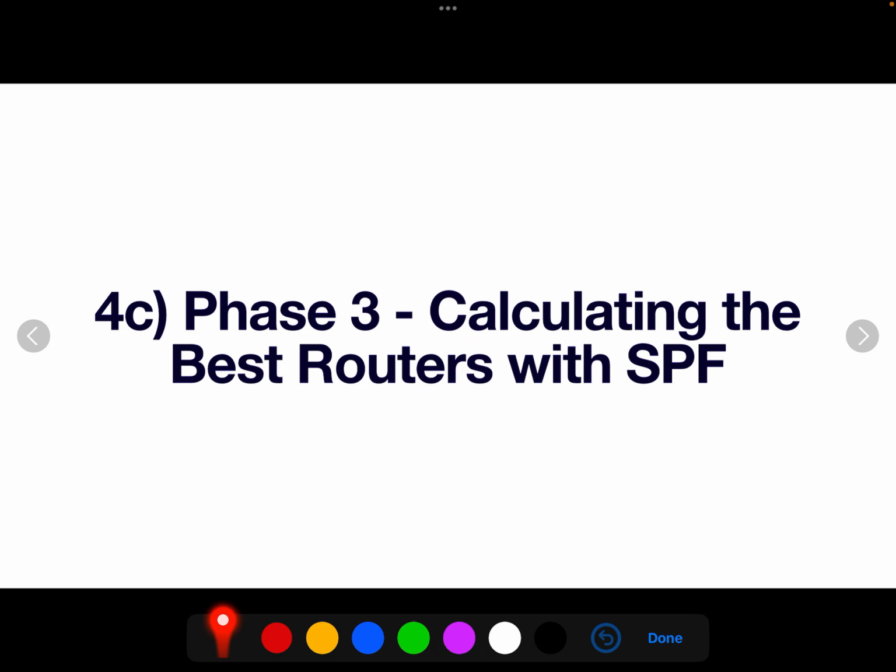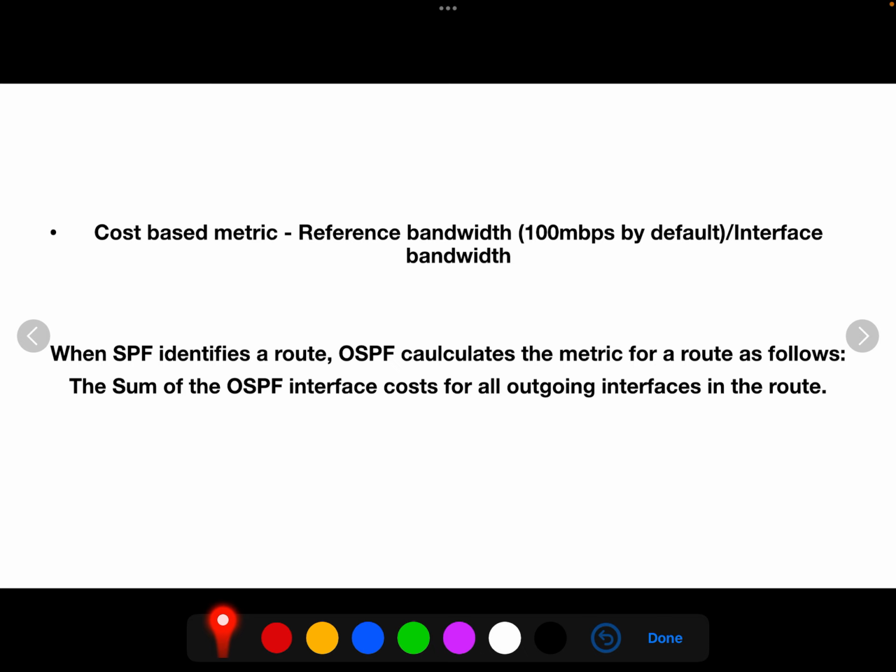Now, 4C, the last phase, calculating the best routes with the shortest path first. So, cost-based metric, OSPF uses this formula to make its calculation: reference bandwidth, that's 100 meg by default, divided by the interface bandwidth.